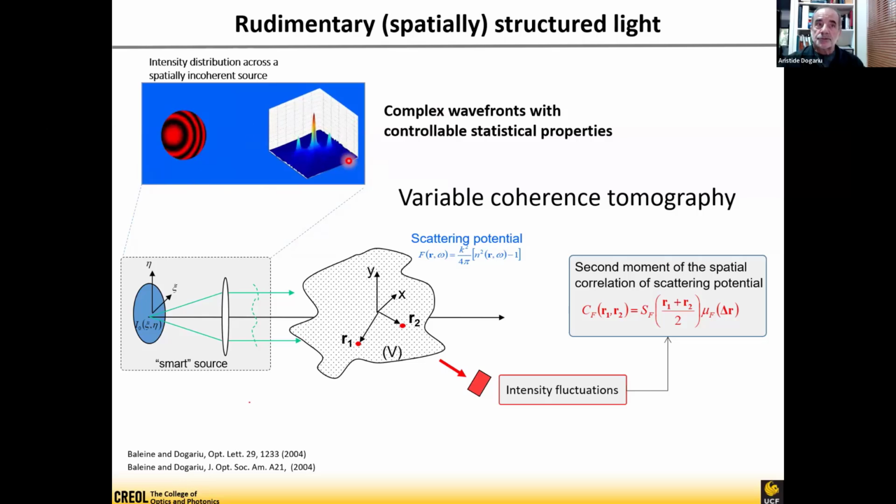To create it and control it, all we need to do is manipulate the intensity distribution across a generic spatially incoherent source. By doing this, you essentially scan the coherence function of the field through the scattering potential that defines your problem, and from the intensity fluctuations detected with a very simple detector, like I promised before, one can recover the correlation of the scattering potential of this interacting target.